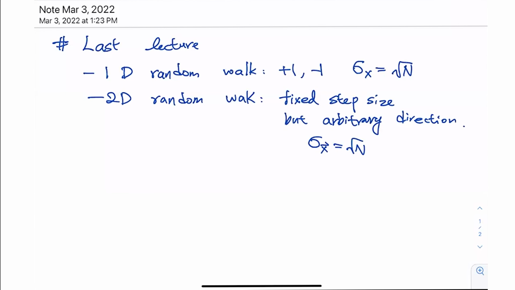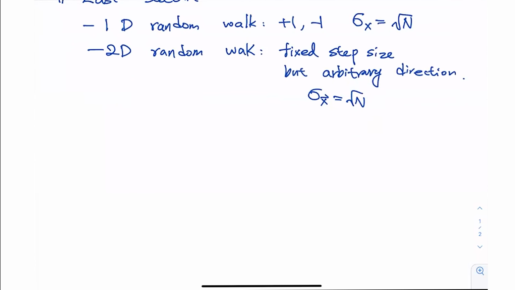So now, once we have introduced these two examples, there are some very interesting behaviors for these systems. The first one we mentioned is scale invariance, which just means that when the step number n is large enough, the statistical behavior for different n, for example n1 and n2, both large, and n1 and n2 are two numbers that characterize two different systems, one with step number n1 and the other with step number n2.